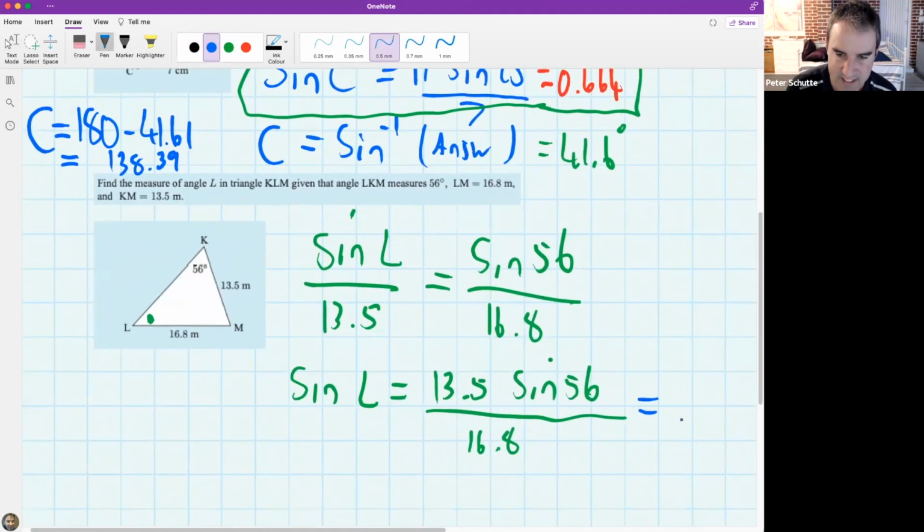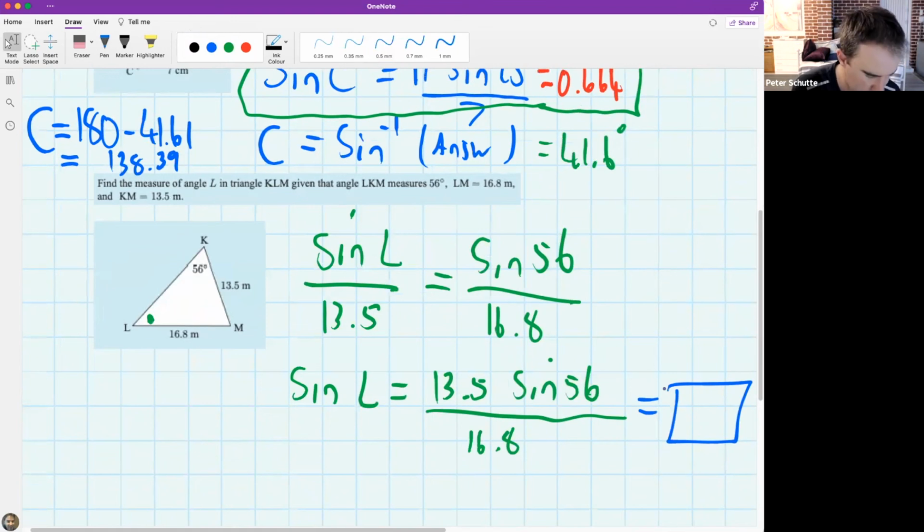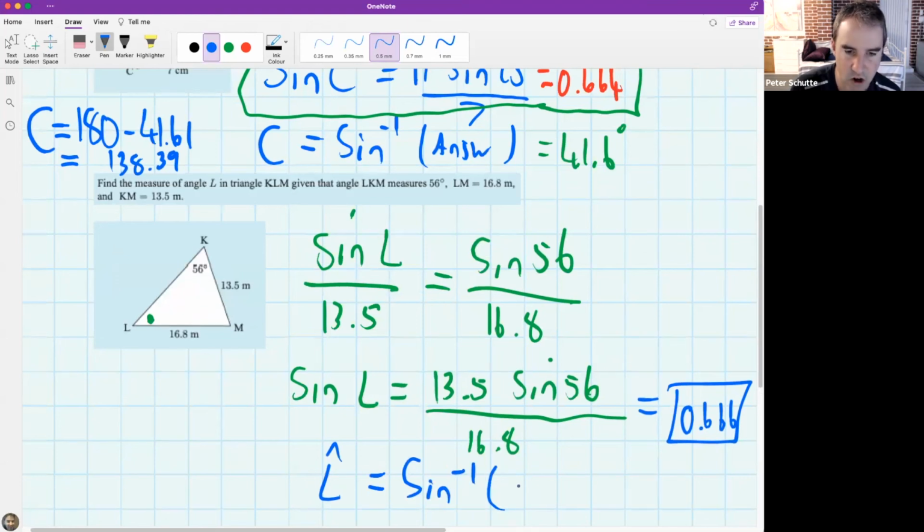This will give us a number of some kind. In fact, let's go 13.5 times the sine of 56 divided by 16.8. Over here, you get 0.66 and so on. But that's not the L you're after. The L you're after is taking shift sine of this value, 0.66 and so on.